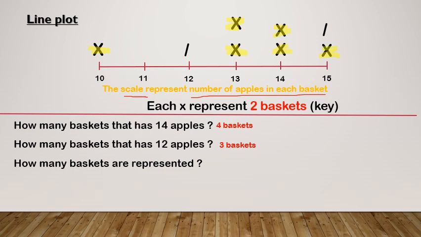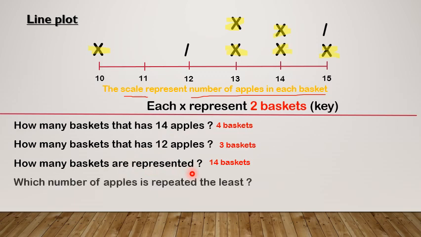But I still have here 2 dashes. After 12, each one represents 1. 13, 14. So this means I have 14 baskets. This is all the baskets I have in all.